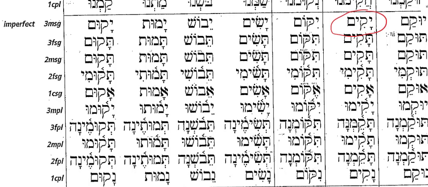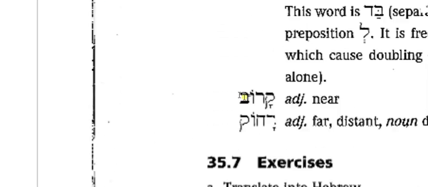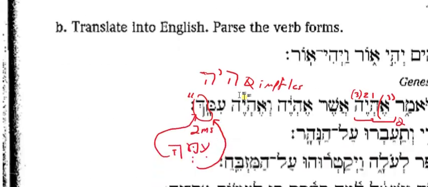All right? So let's go back here. What do we have? Do we have a tsere or a cheerik yod in our form? Yep, we got a cheerik yod. I have no idea why I went all the way to the beginning here. Excuse me for a moment.